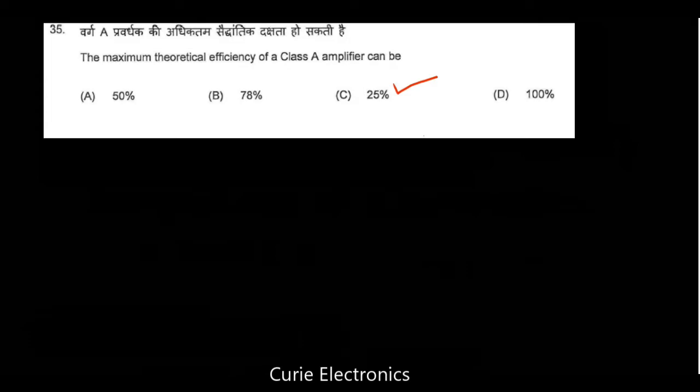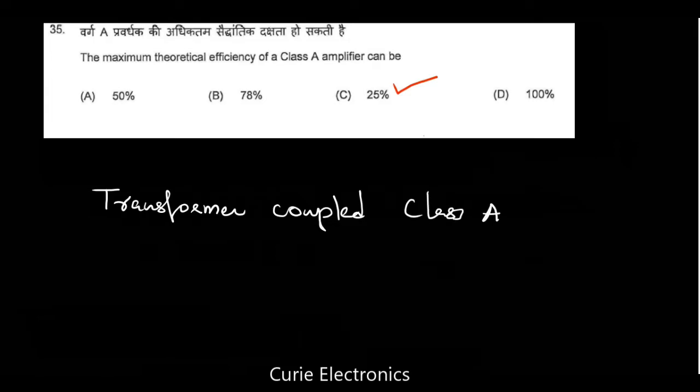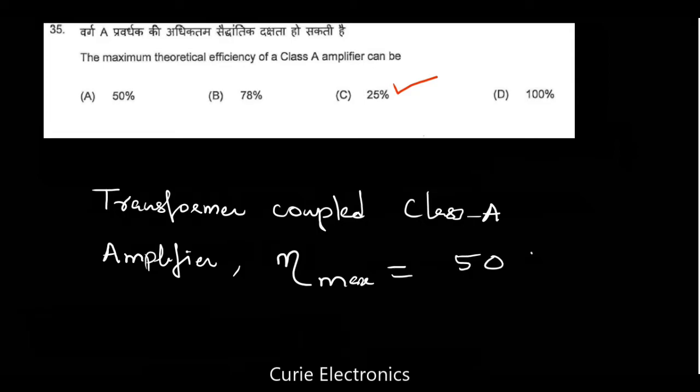But there is one more question they can ask: transformer coupled class A amplifier, maximum efficiency, eta max, that is equal to 50%.